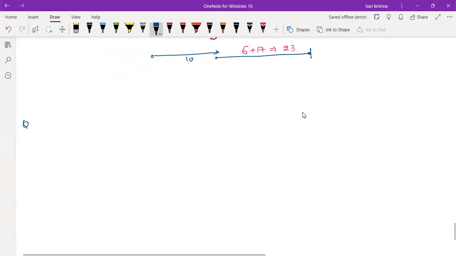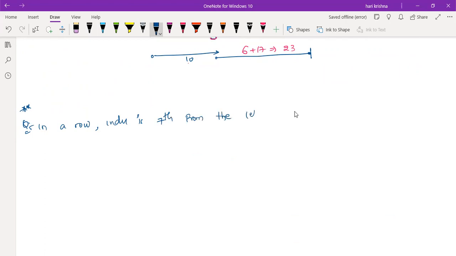Next question. These are different types of questions. The interchanging concept will come here. In a row, Indu is 7th from the left hand. Jaya is 9th from the right hand.